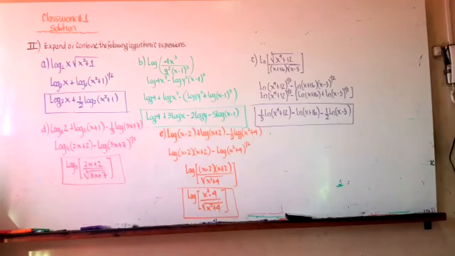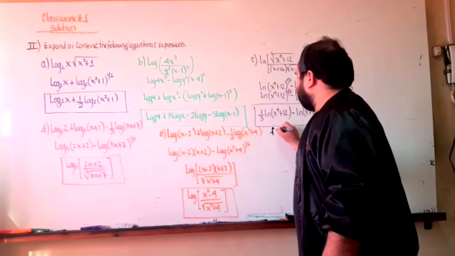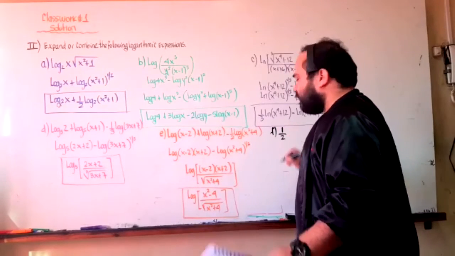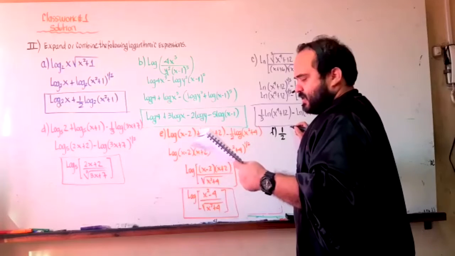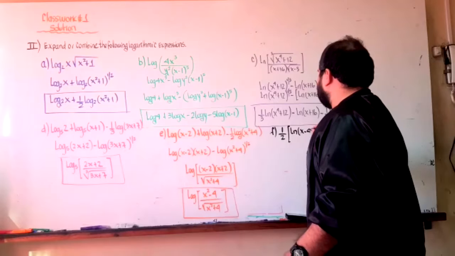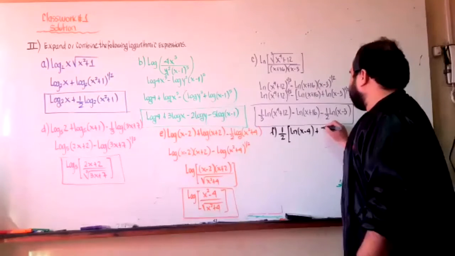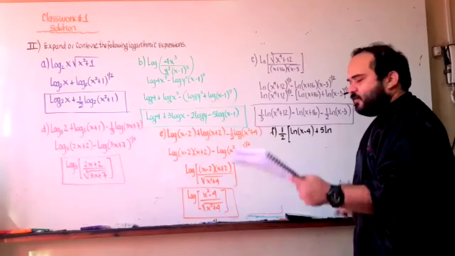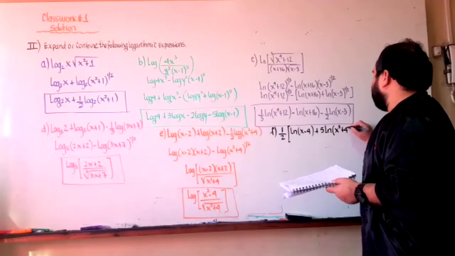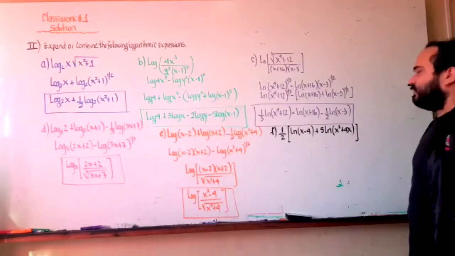Just like the example in the letter F. If you see in the letter F, we got a 1/2, brackets, natural logarithm of x minus 4, plus 5 natural logarithm of parentheses x squared plus 4x, and close parentheses.